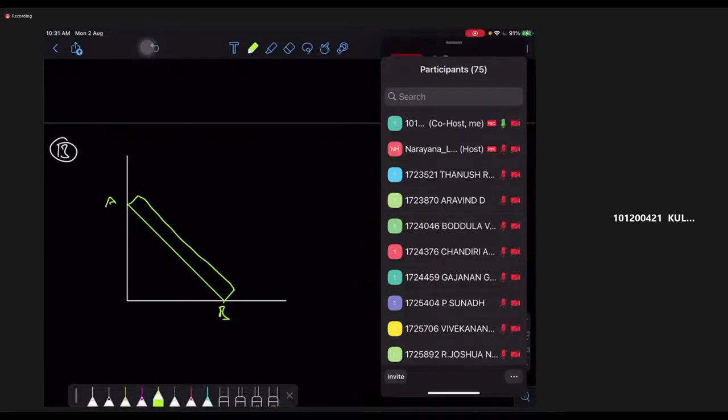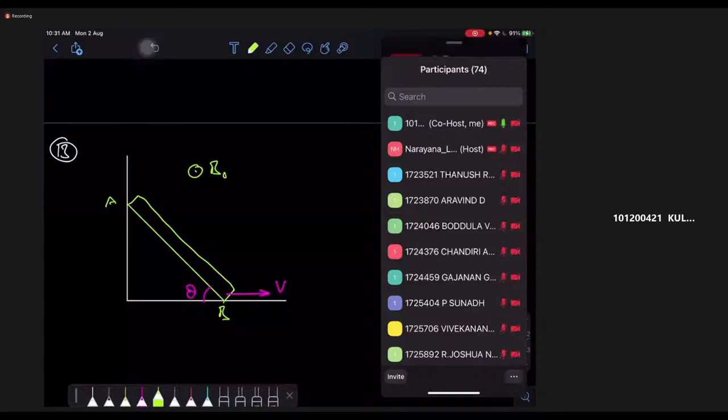A uniform magnetic field exists in the region. At some instant, the velocity of B is given. So they have given you the velocity of B, right? If this angle is given, in rotation you can find out the velocity of A also, or you can find out the omega here also.